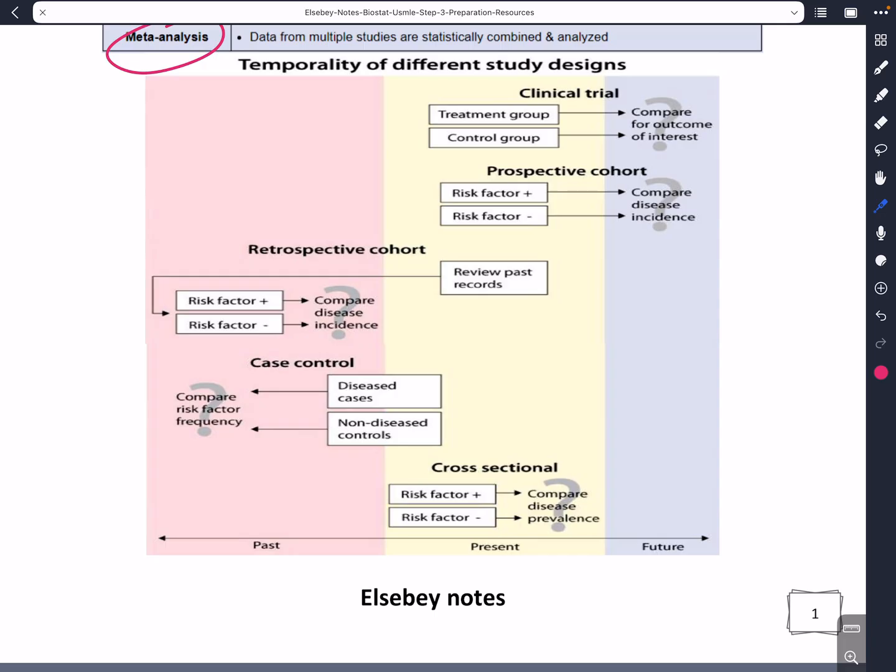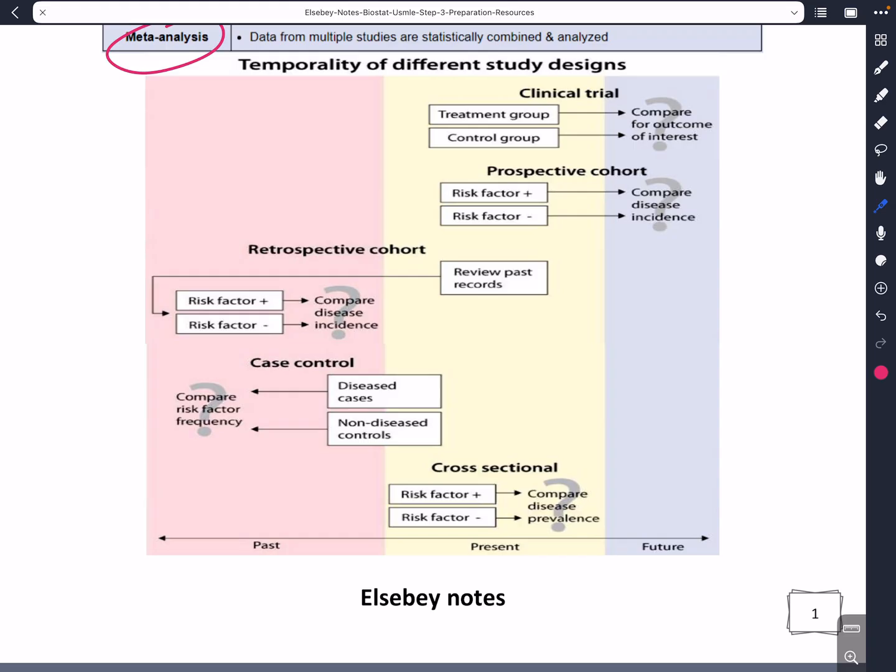For example, if you are taking two groups, one group smokes and you treat them with nicotine patch or nicotine replacement therapy, NRT, and the control group is who do not smoke, and then you are looking for outcome of interest. So that would be clinical trial. Clinical trial always is a small group, and they are always looking for short term analysis, that only involves days to weeks, doesn't cross more than a couple of months. So that would be clinical trial, something you can do in clinic-based practice.